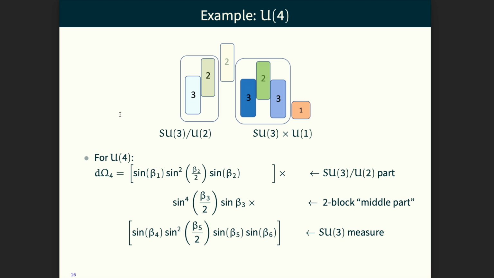So that's pretty simple. If I have to construct the distribution on U5, I'm going to have an SU4 part. Then I'm going to have an SU4 part with a bunch of blocks missing. And this piece in the middle, the only thing that changes is the exponent.